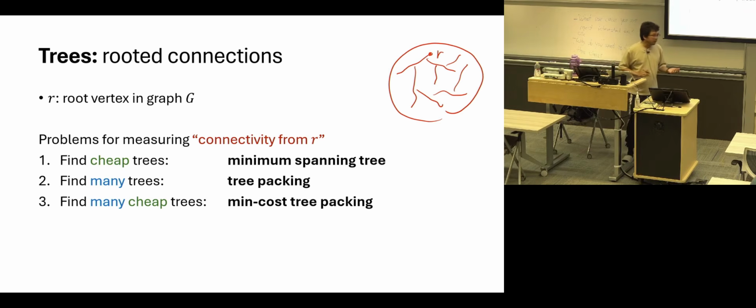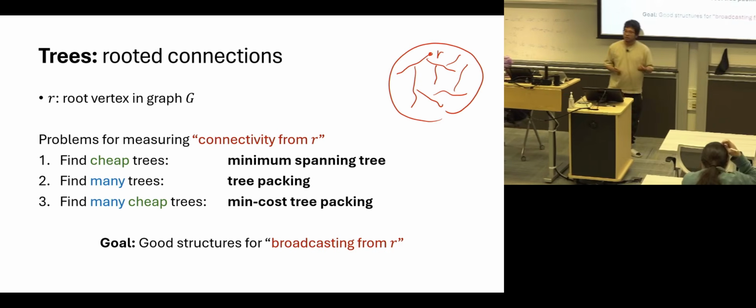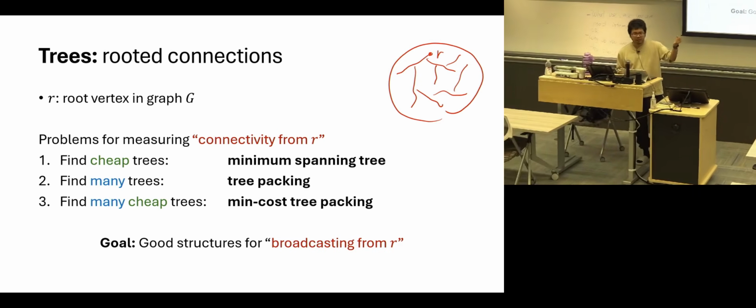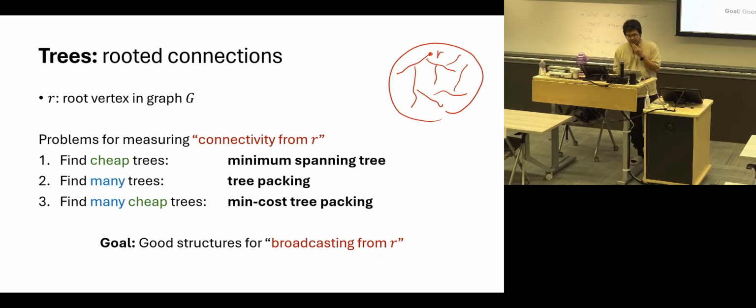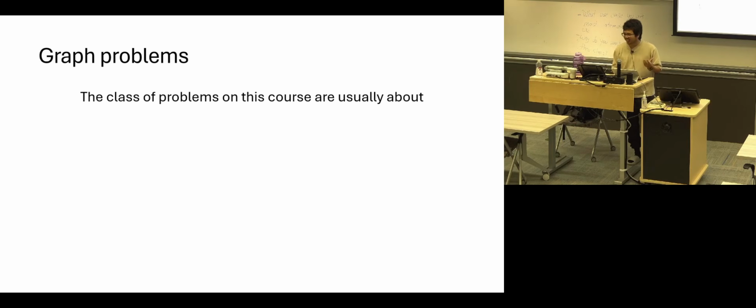Many cheap trees, that's a min-cost tree packing problem. So this is a question about finding good structure for broadcasting information from R. These are examples of graph questions where we will try to get really good algorithms in this course.